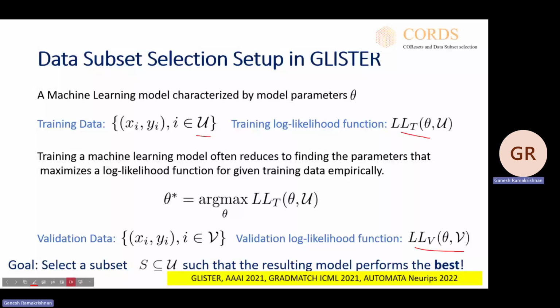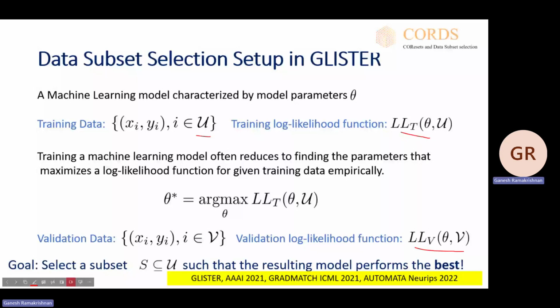This is what I began with. So you're saying this is the entire argmax. Over what? Argmax over S subset of U. Over all subsets of U, find the theta that maximizes for that subset. But find that subset for which the theta will be such that the likelihood on the validation set is maximum. So it appears quite daunting, right?